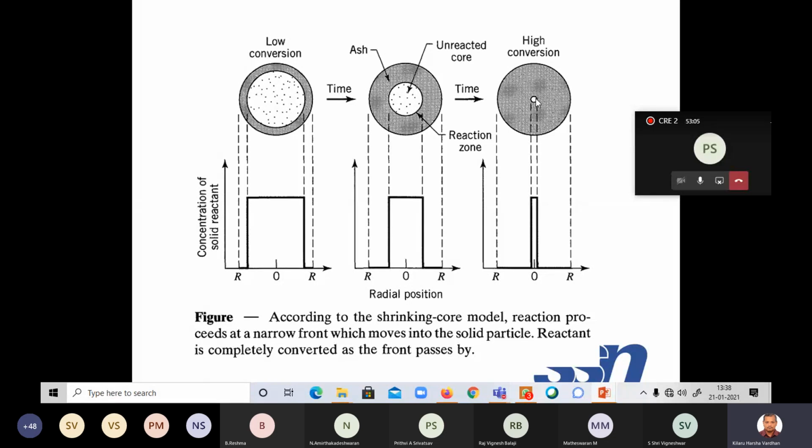This much of the solid shrinks to this, and then to this, and afterwards it becomes a point with time. So there can be two types: one where the solid changes with respect to time, and the other where the solid is not changing with respect to time.